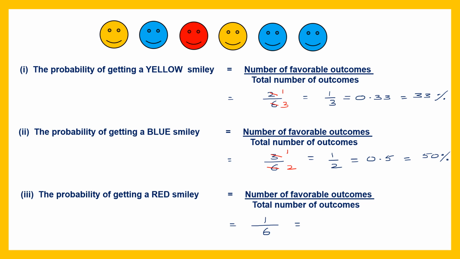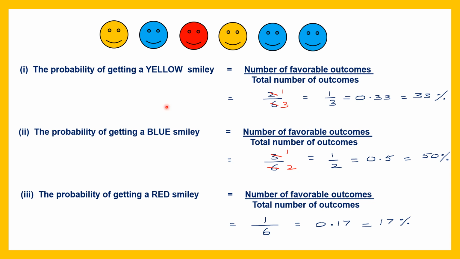If I convert this to a decimal number, I get 0.17. If I have to convert this to a percent, I multiply 0.17 into 100 and I get 17%. Now 17% is less than 50, isn't it? It's less than 50. That means it is highly unlikely that I'm going to get a red smiley.